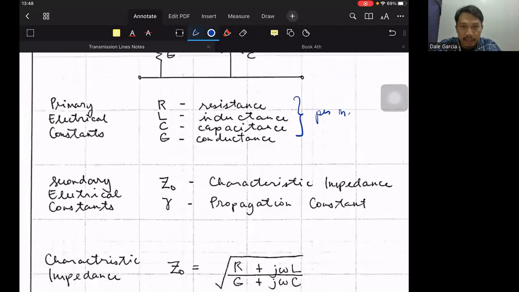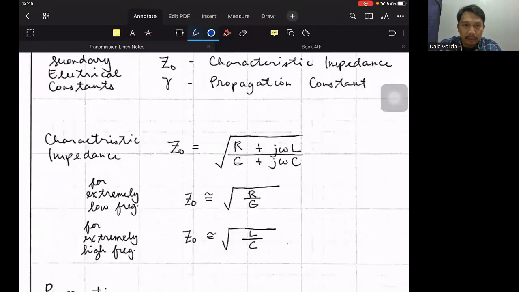So the characteristic impedance, as I said, is not a resistance or impedance that we can measure using an ohmmeter. It's not an impedance or resistance just like that.